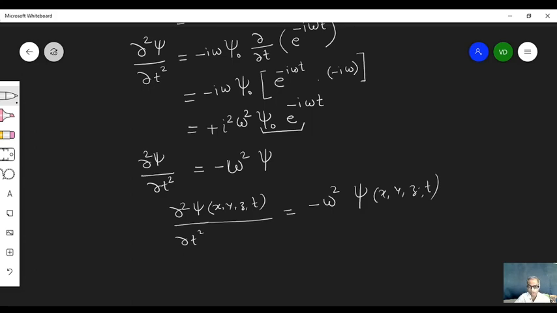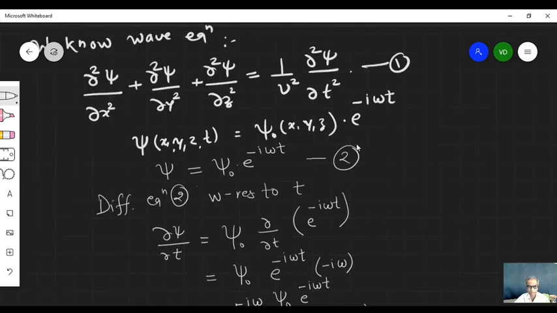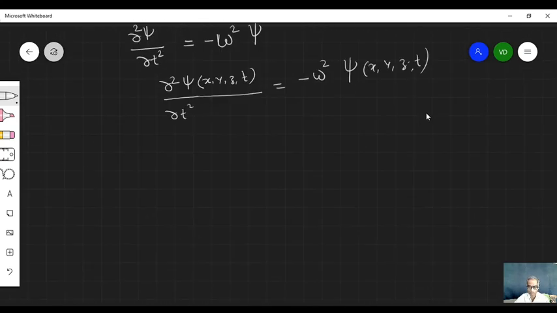Now using this value in equation 1, we have equation 1 as the wave equation, we'll put this value here and try to solve the equation.